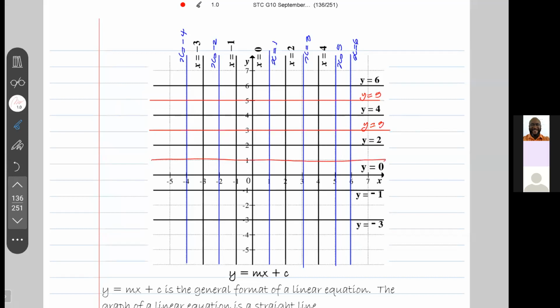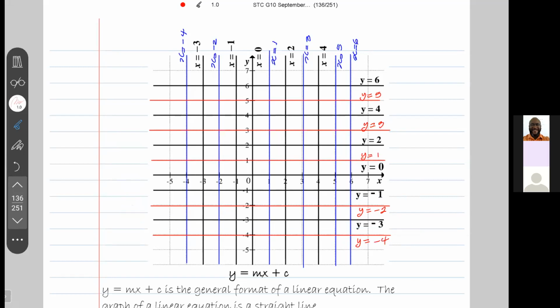The equation of this horizontal line is y is equal to 1. The equation of this horizontal line is y is equal to minus 2. The equation of this horizontal line is y is equal to minus 4.